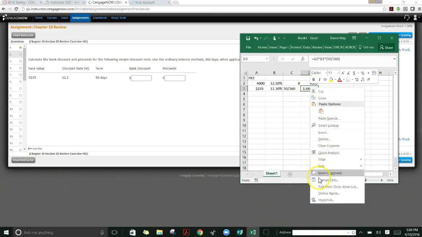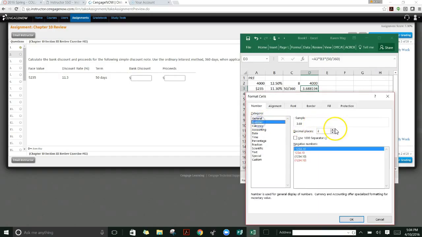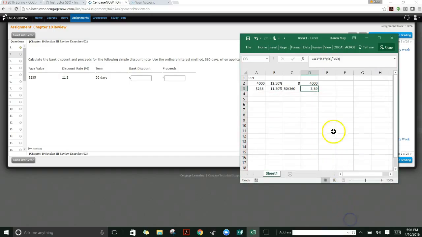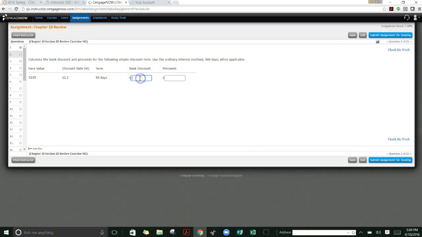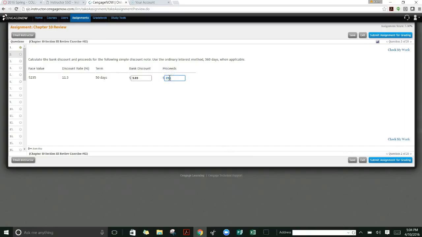I'm going to format that cell for 2 decimal places. And so the proceeds that they would get would be equals 235 minus the 3.69, and the proceeds would be 231.31.